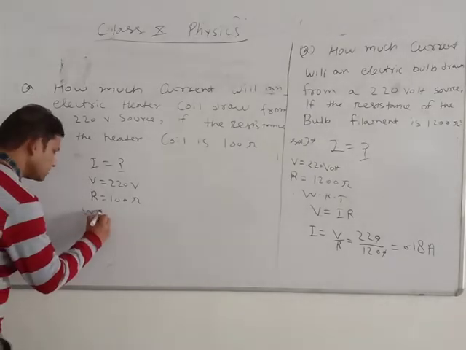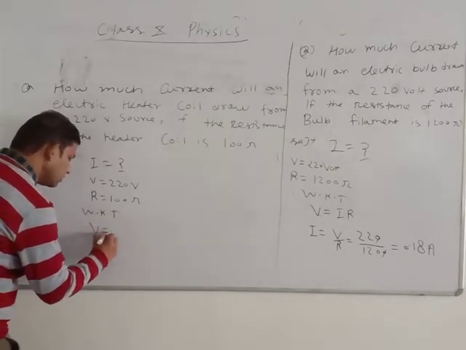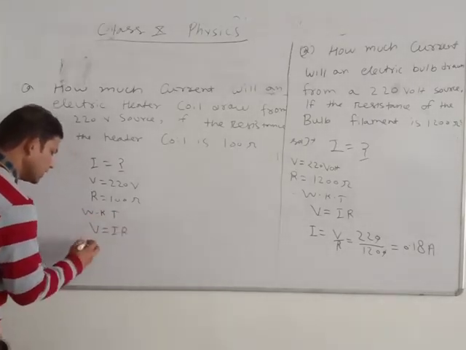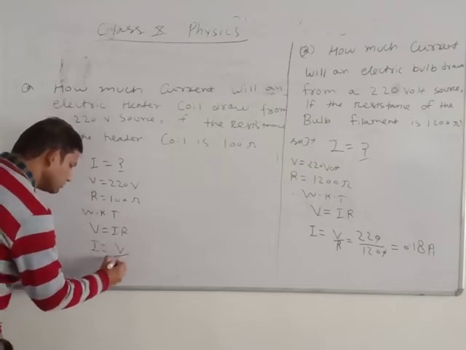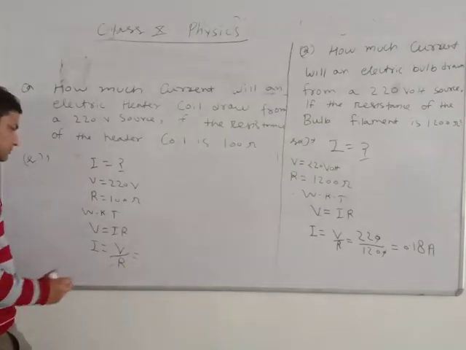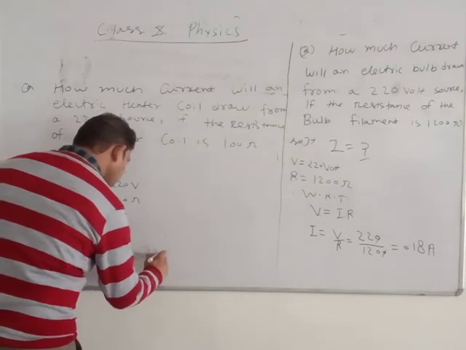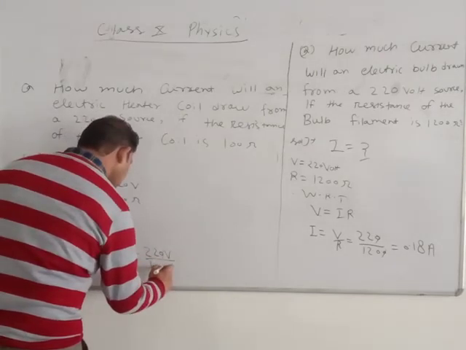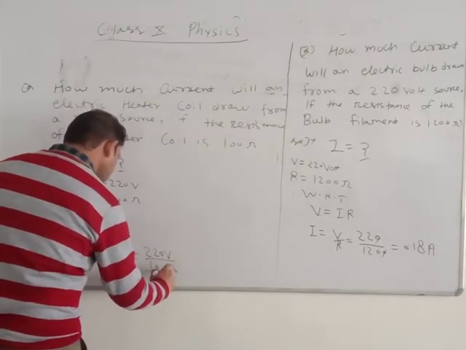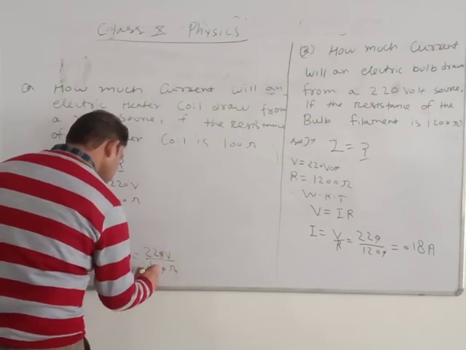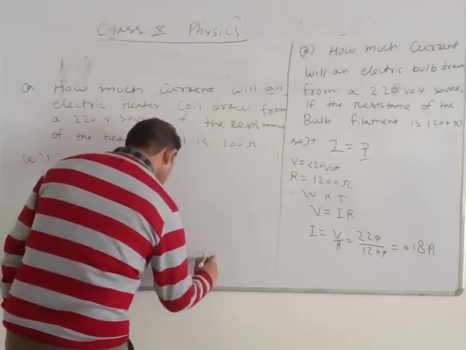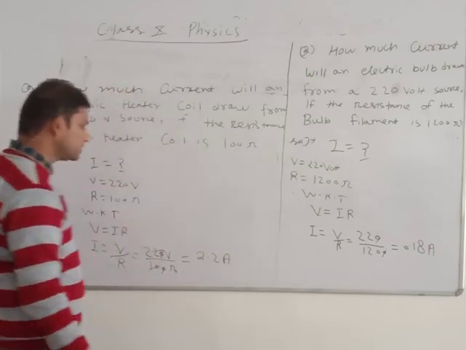So we know that V equals IR. We can find the value of I, V upon R. So 220 volt upon 100 ohm, it means 0 is cancelled by 0, then 2.2 ampere is the answer of this question.